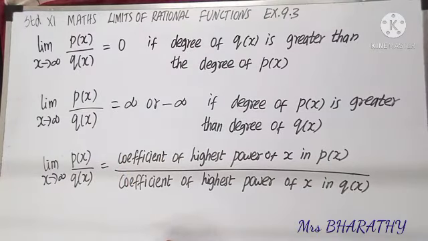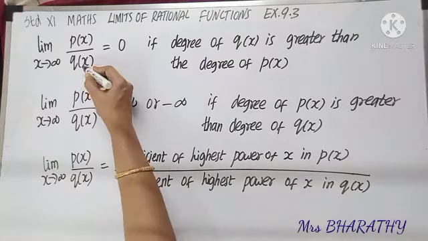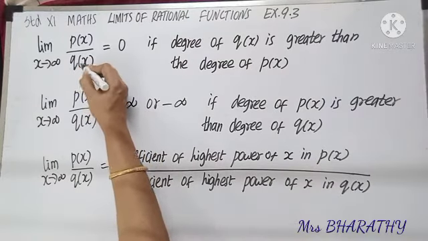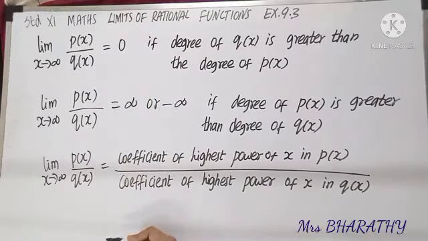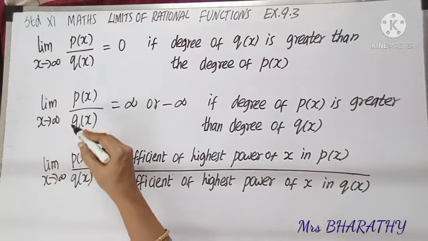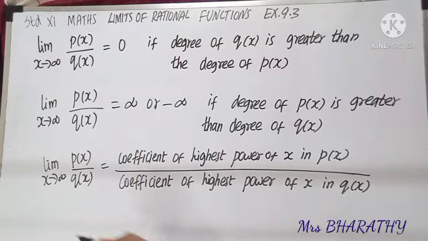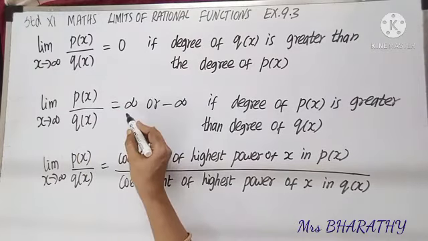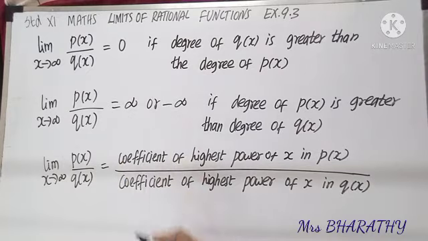If q of x, the degree of the denominator, is greater, then my answer is 0. If the degree of the numerator is greater, then my answer would be either plus infinity or minus infinity.